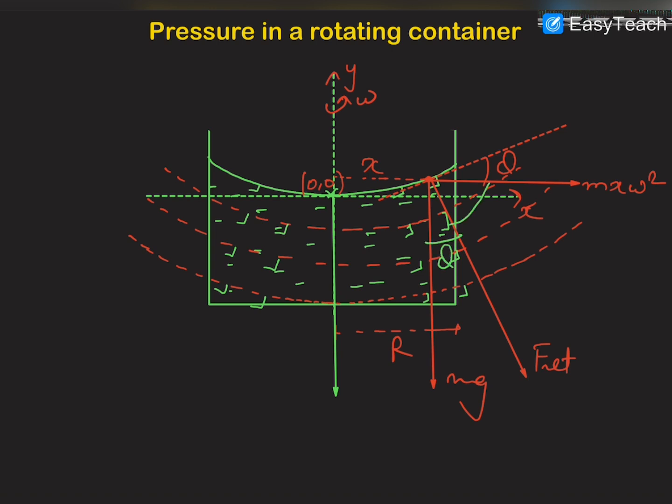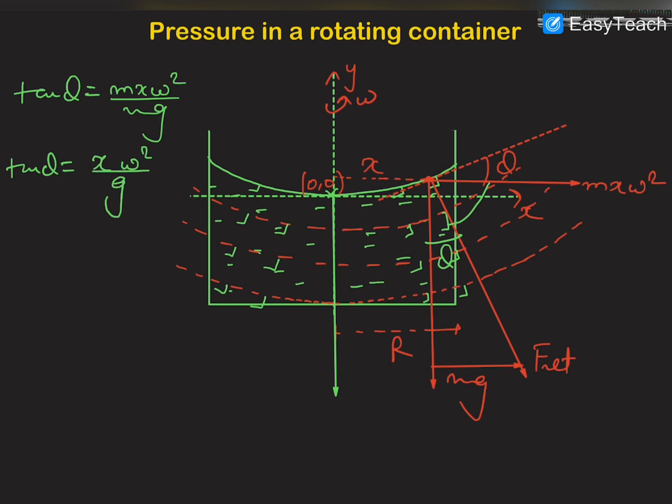So we can say that tan theta at this position will be equal to this perpendicular vector, which is m x omega square, upon the base vector, which is mg. So tan theta will be equal to x omega square by g.